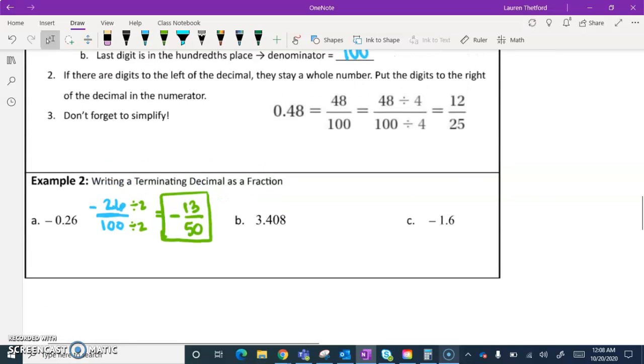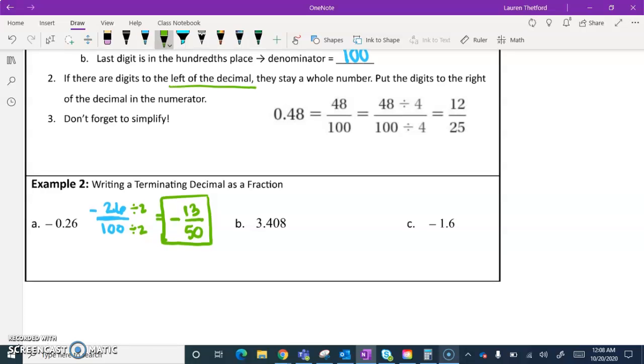All right, so it said up here that if there's a number to the left, that stays a whole number. In this example, we have a number to the left. We have 3, and so that 3 is going to stay. And then I'm going to write 408, and that's 408 thousandths. This is the thousandths place value, and so this number is going to go over 1,000.